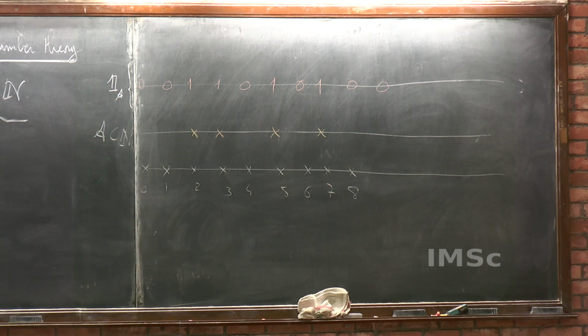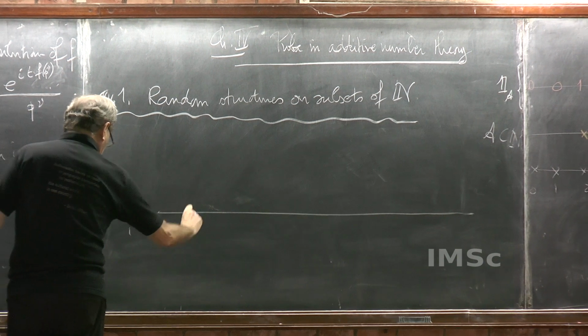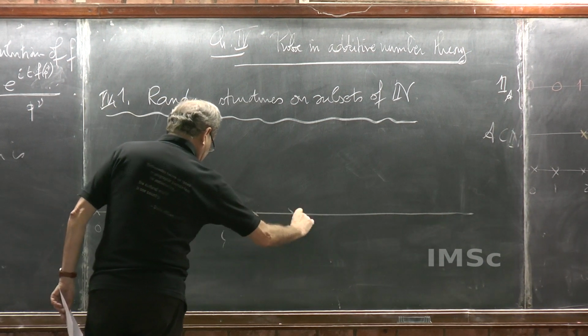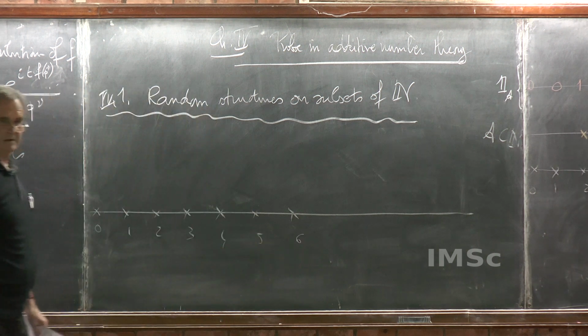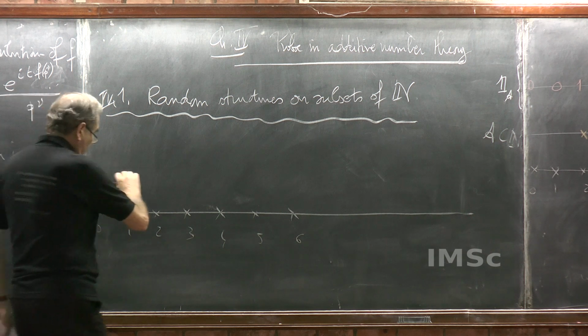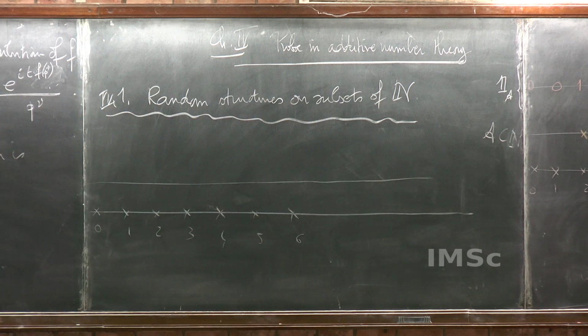I start again with something which is 0, 1, 2, 3, 4, 5, 6, and so on. And what I do each time is, above each integer, I put a random variable. So I put a function.